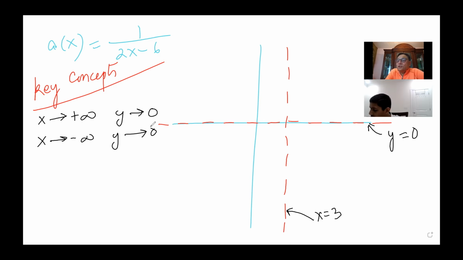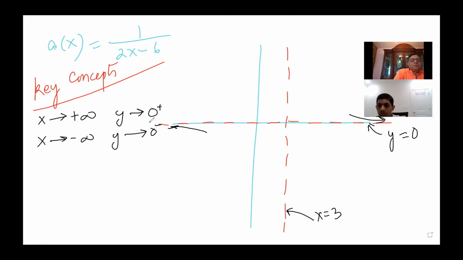Yeah. We also noticed when it approaches positive infinity, it approaches 0 from the positive side. That means the graph is kind of going like this on this side. Do you see that? Yeah. But when it approaches negative infinity, it approaches 0 from the negative side, kind of like this. Do you see that? Yeah. So that is what we mean. When it approaches positive or negative infinity, y approaches a fixed value, that is 0.